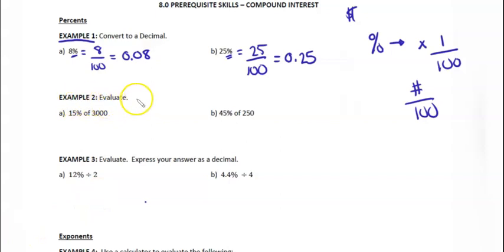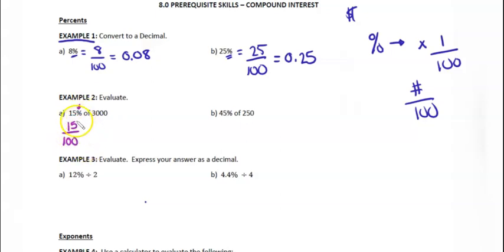Example 2, we're going to evaluate. So we want to find 15% of 3,000. So 15%, again, we are unable to calculate anything with a percentage. We have to convert that to a decimal. So we're going to do 15 divided by 100.